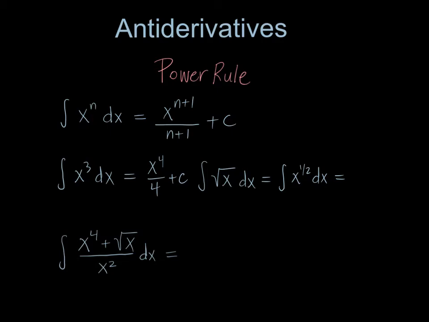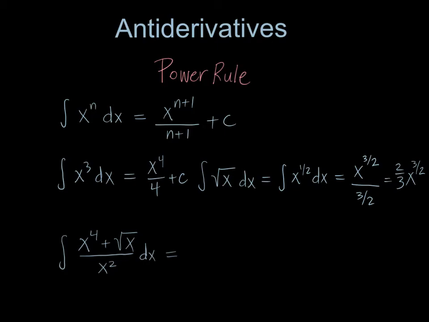We're going to add 1 to 1/2 and get x to the 3/2, because 1/2 plus 1 is 3/2, and we're going to put that over 3/2. Whatever that exponent is needs to get put on the bottom. And a lot of times we'll write that as 2/3 x to the 3/2 just to not have a fraction in the denominator, so we'll move it out front and make it 2/3.